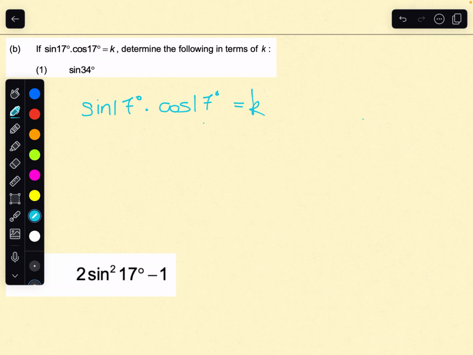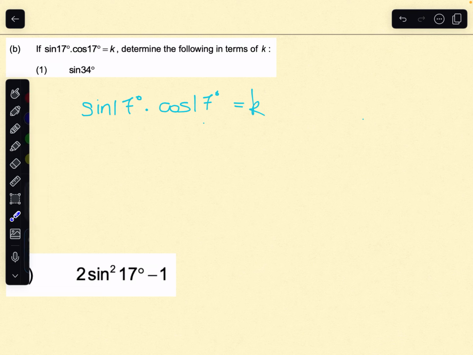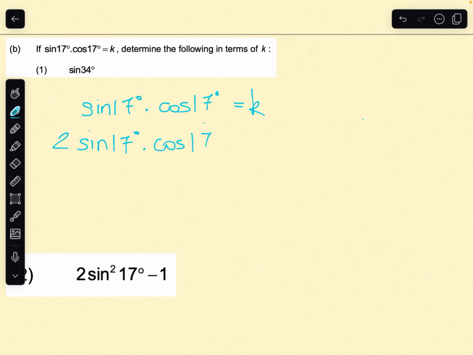So we are trying to get from this to this, trying to see how we can manipulate this equation to get from here to here. We do know that 2 sine 17 times cos 17 is equal to sine of 2 times 17.